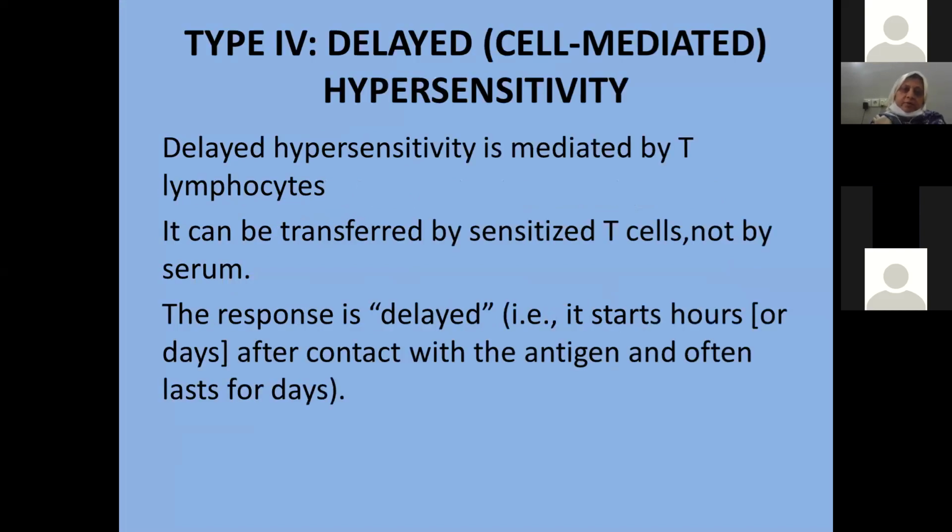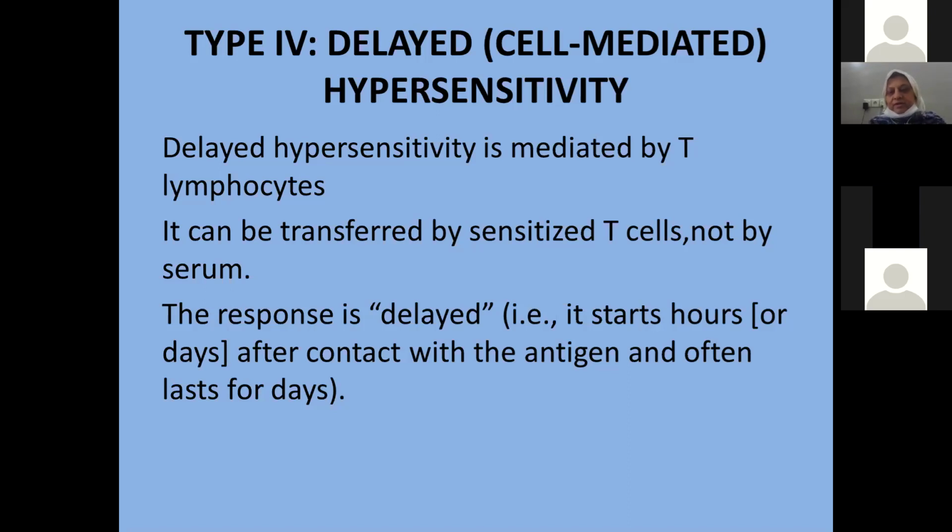Now coming to type 4 or delayed type of hypersensitivity reaction. This is delayed type and it takes some time to establish, and this is not dependent on antibodies. Like I told you before, type 1, type 2, and type 3 hypersensitivity reactions are mediated by antibodies, while this type of hypersensitivity is mediated by T lymphocytes.